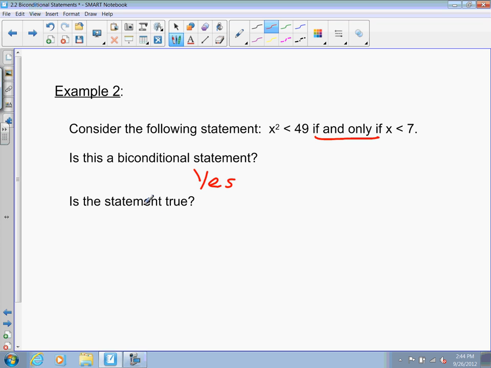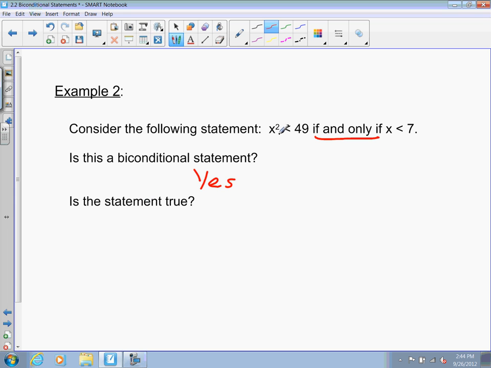Now the question is, is the statement true? We can write a biconditional statement and it does not necessarily mean it's true. That's something that you would want to prove. And it's easy to prove something's not true. I could prove it's not true with a counterexample, like we did in the last example.